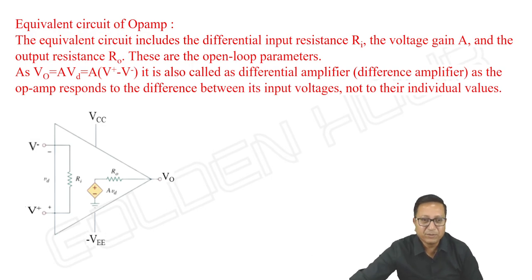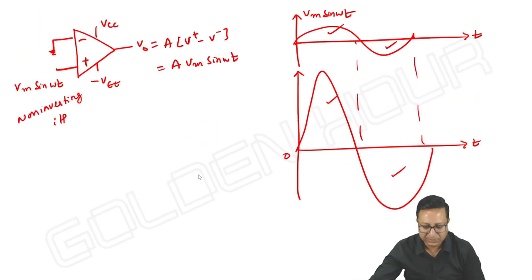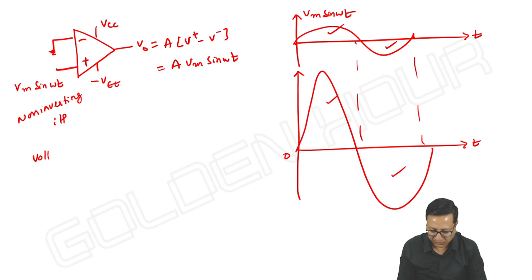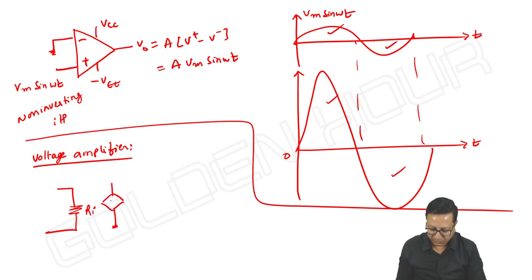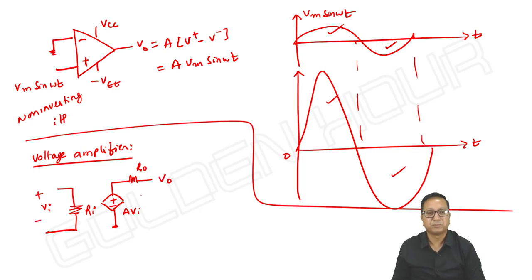So if you take a voltage amplifier, what is the equivalent circuit, friends? Input side it is Ri and output side A into Vi, a dependent voltage source in series with a resistance. It is input and output. We are well aware of this one.